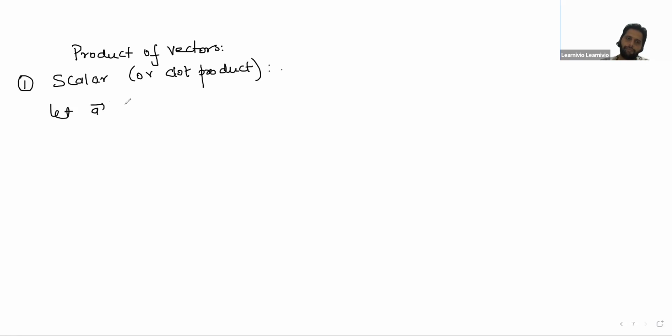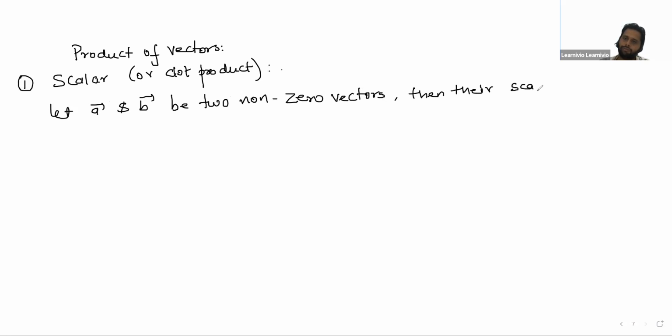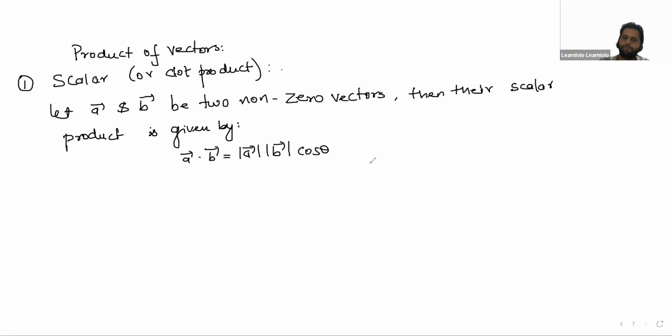Let a and b be two non-zero vectors. Then their scalar product is given by a dot b is equal to magnitude of a, magnitude of b, cos theta, where theta is the angle between vectors a and b.